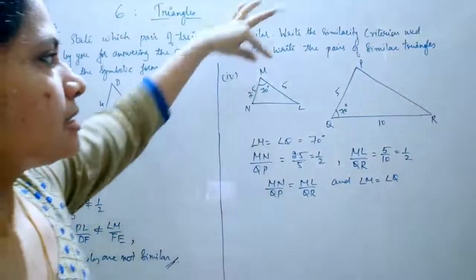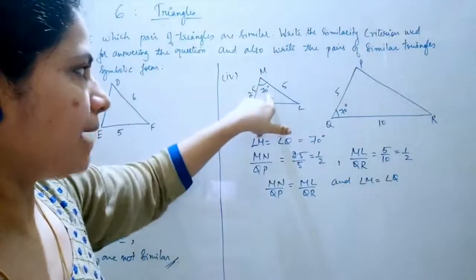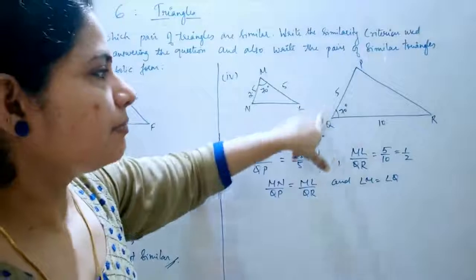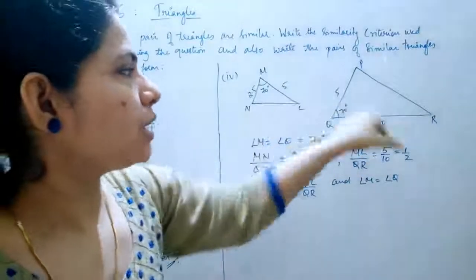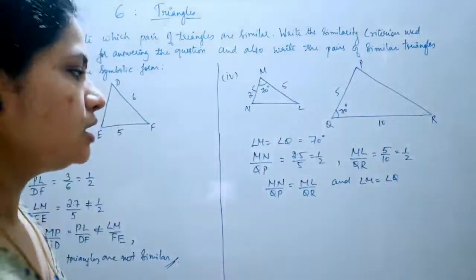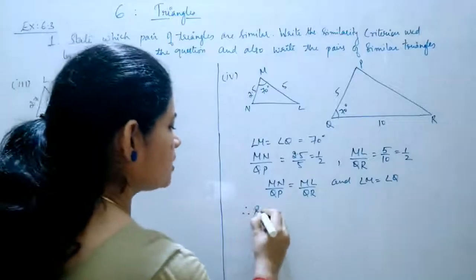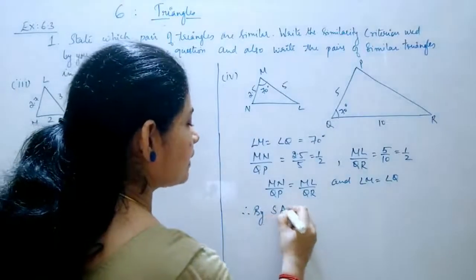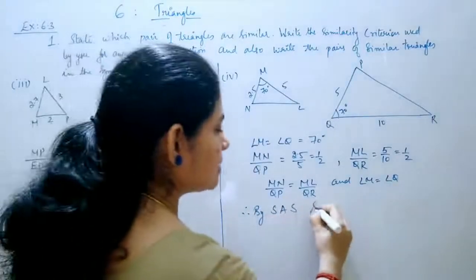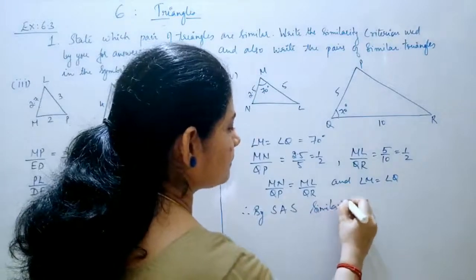MN and ML have angle M in between, and QP and QR have angle Q in between. So by which criterion? Side angle side, SAS similarity criterion.